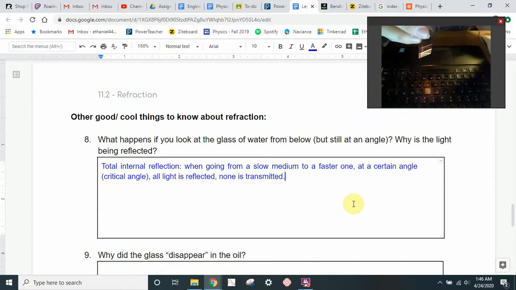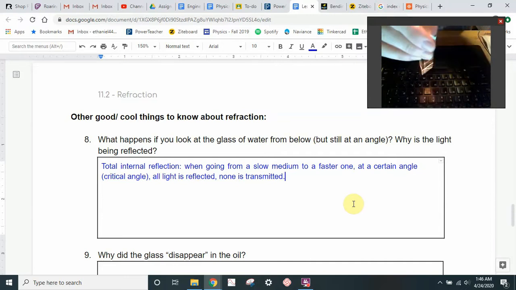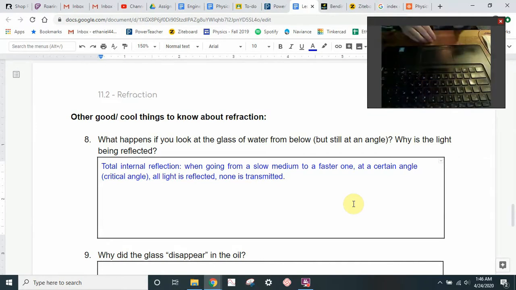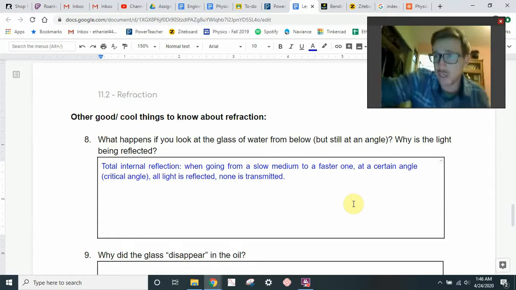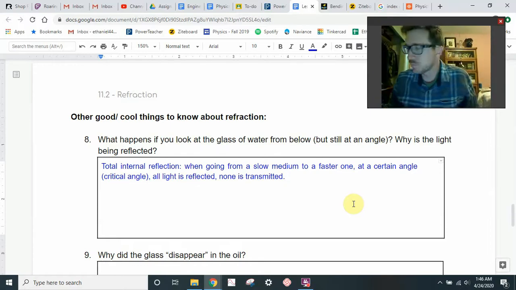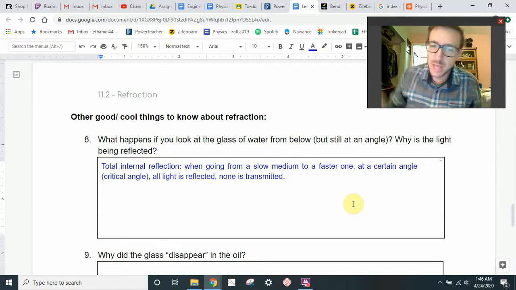There we go. It's only passing through in one straight shot line, and it's reflecting and creating this pattern, but it doesn't really scatter outside of that. It's really interesting. So that's total internal reflection. It's a pretty neat little thing, very cool to mess around with.